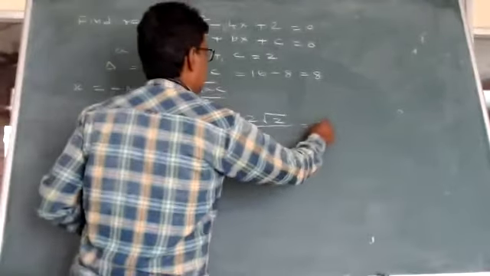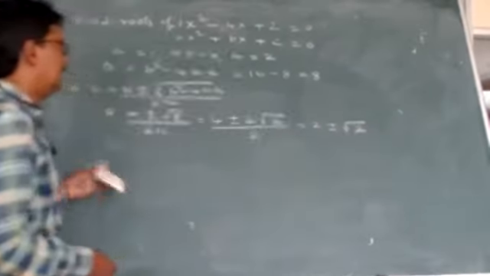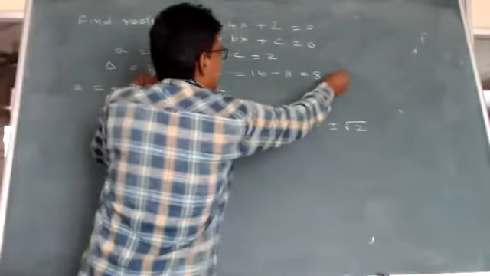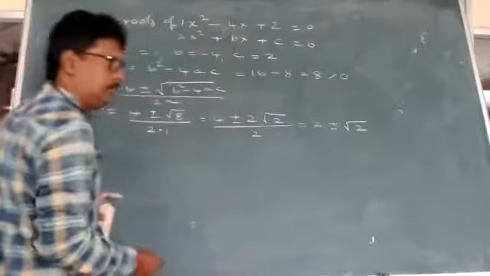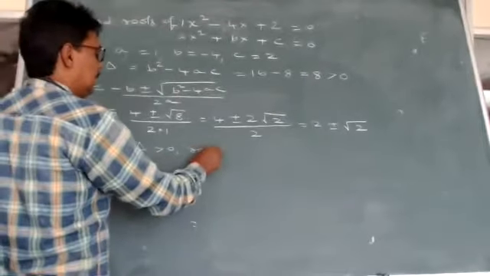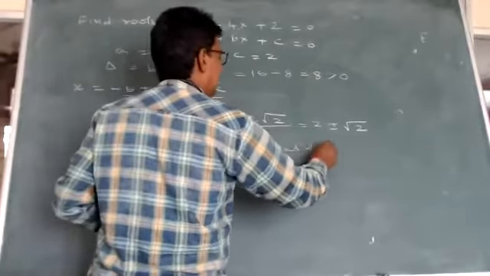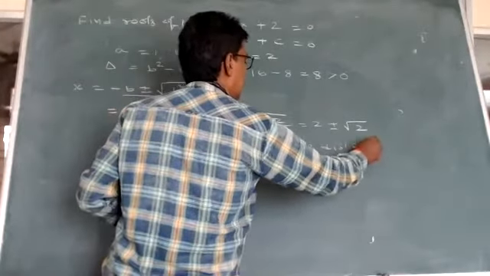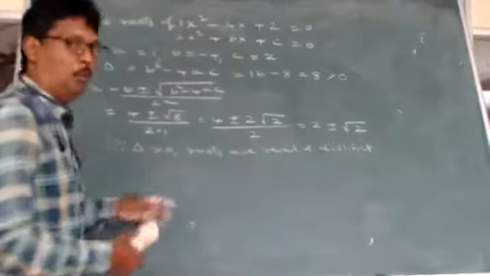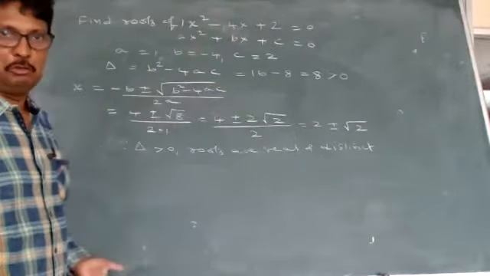So we can cancel 2 and get 2 plus or minus root 2. Here delta is greater than 0. Since delta is greater than 0, the roots are real and distinct. They are different numbers. One root is 2 plus root 2, another root is 2 minus root 2.